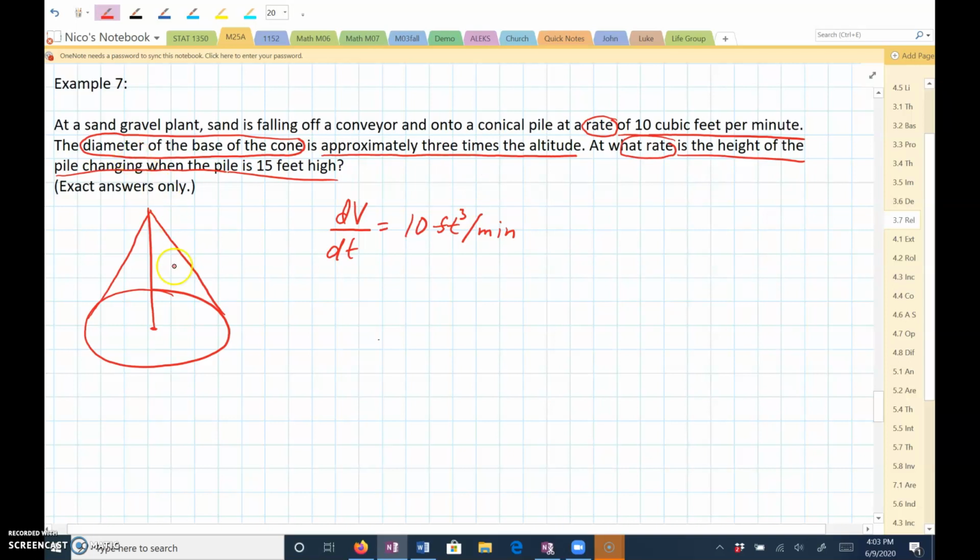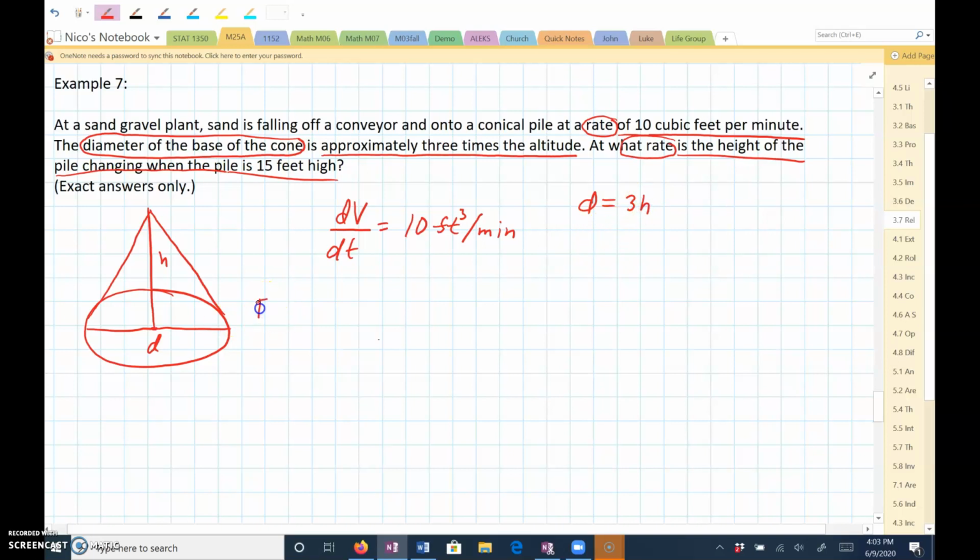The diameter, so we've got the diameter here, this is the height, and that's the diameter. The diameter of the base of the cone is approximately 3 times the altitude, which is the height.